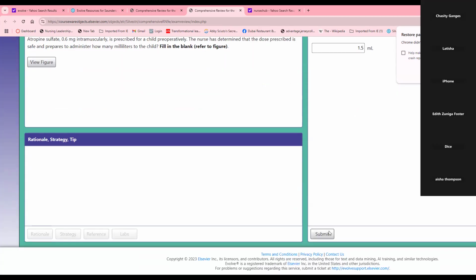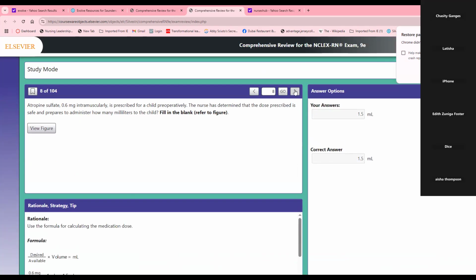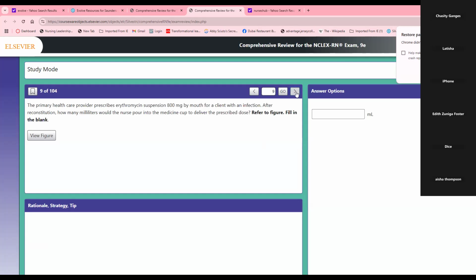Okay, good. Okay, I want everybody to try this one. I'm not going to say anything here. I just want you to try it, see if you can get to the right answer. If you can't, then we'll go over it.